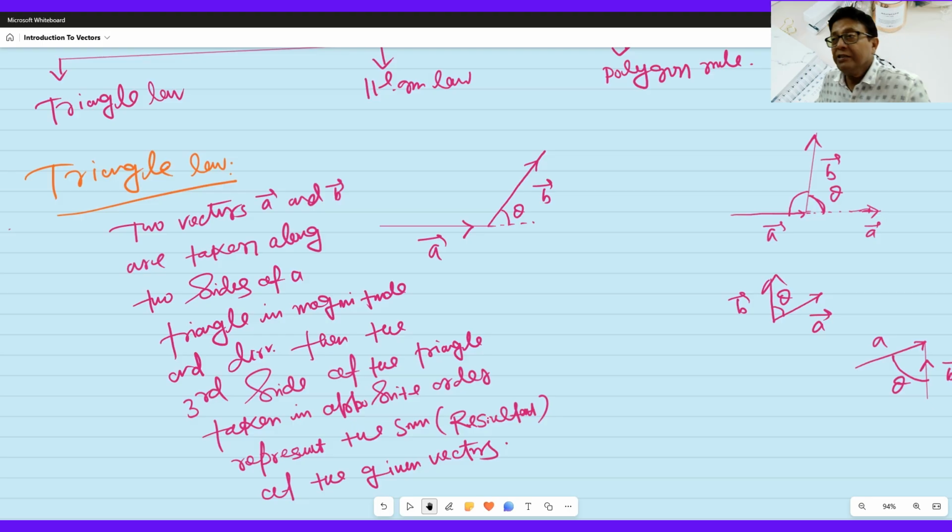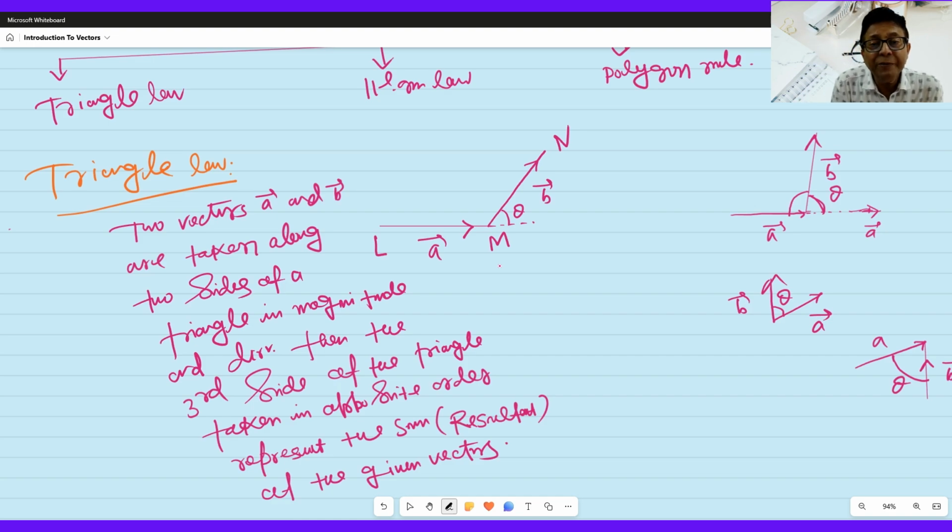What is the physics in this mathematical statement? Two vectors A and B are taken along two sides. First, let me explain. How are you taking along two sides of a triangle? Triangle is not shown in the diagram. Suppose the triangle is L, M, and N. I stated that two vectors taken along two sides in magnitude and direction.